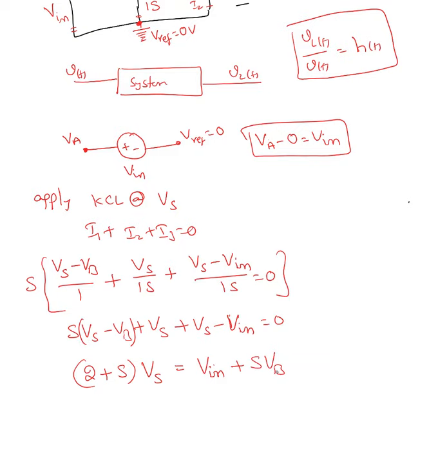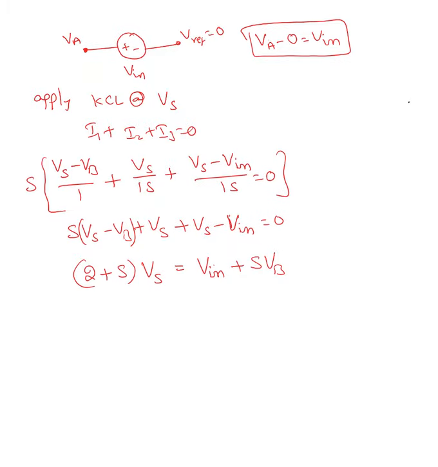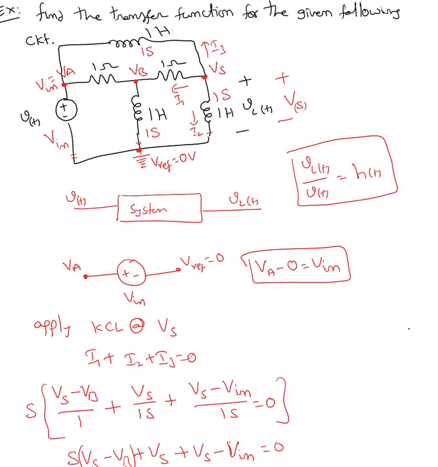So all I need to do is replace this Vb with either Vn or Vs to find my transfer function. Now at Vb, apply KCL. Here also I'm taking every current as going out of the node. It's up to you, you can choose differently, but I preferred it this way.